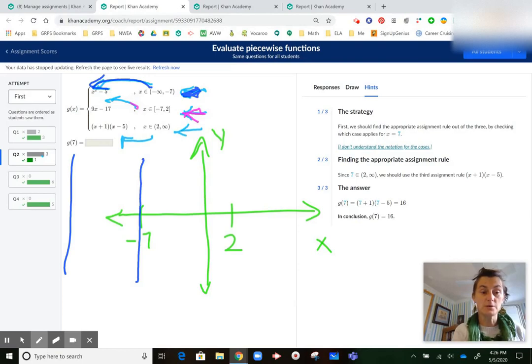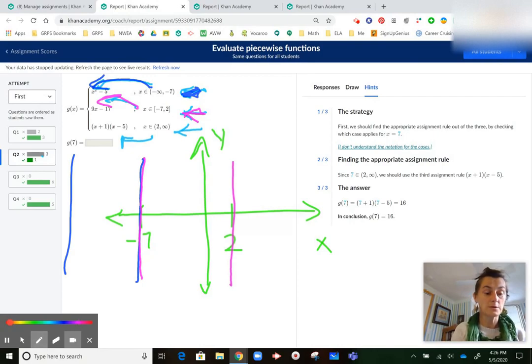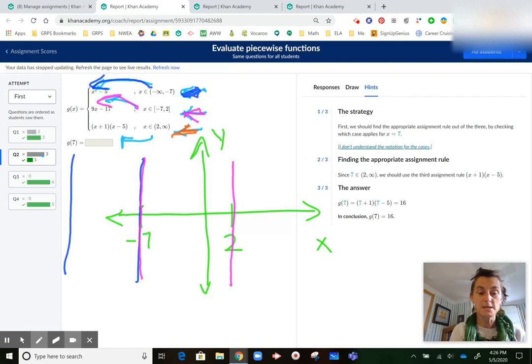The function is going to look like this. So this interval is from negative 7 to 2. So the function is going to change its look completely. And then how about this one? The last piece of the function, in this interval between 2 and infinity, it again changes its looks.